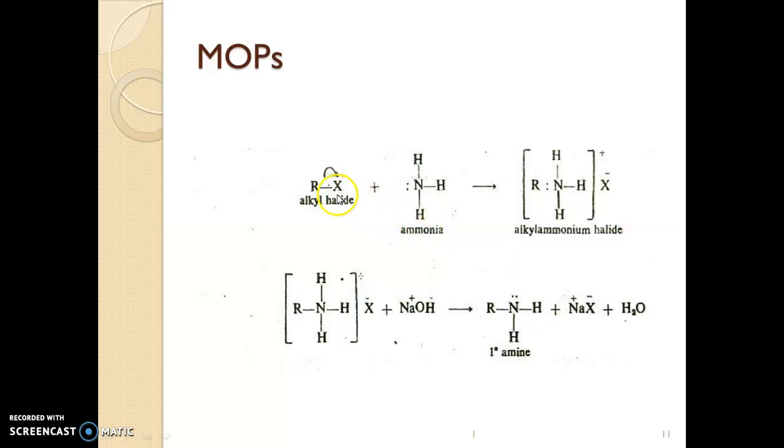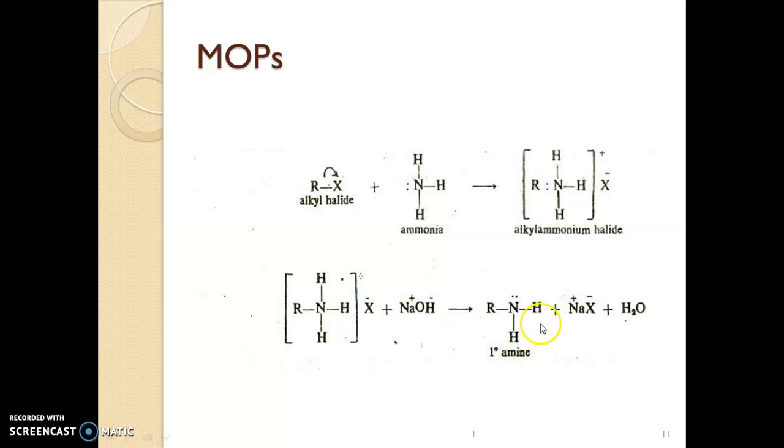Okay, so as we can see, the electrons present in this bond of the alkyl halide go with the X, and these two structures combine together to form the alkyl ammonium halide, which on further treatment with sodium hydroxide, in this second step, the halide goes with the sodium, and one hydrogen from this structure is transferred to this OH and produces water.